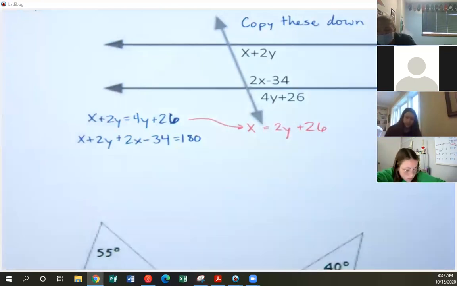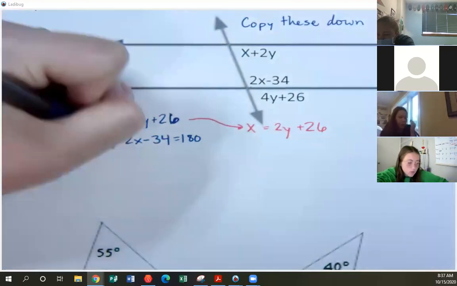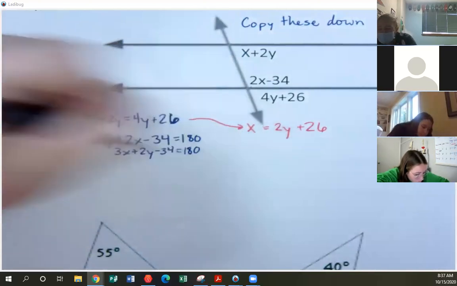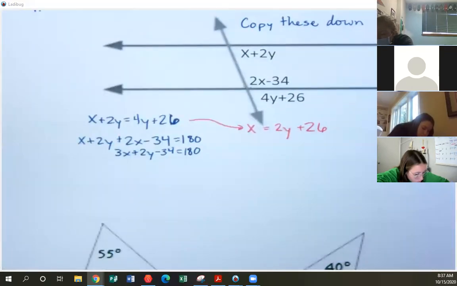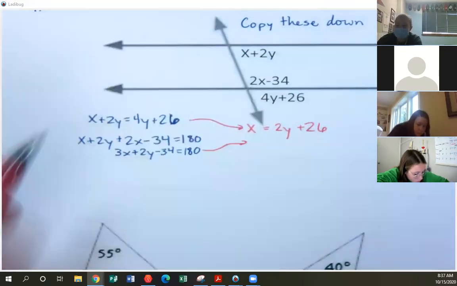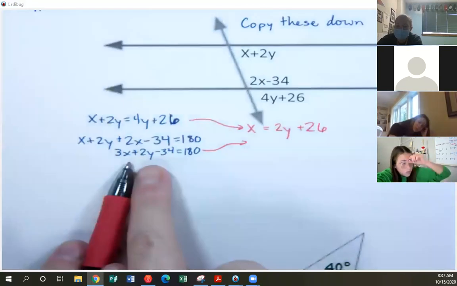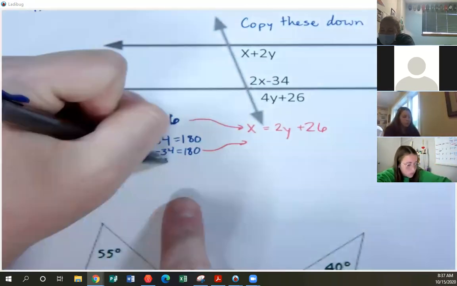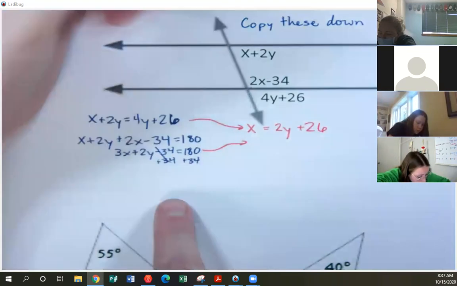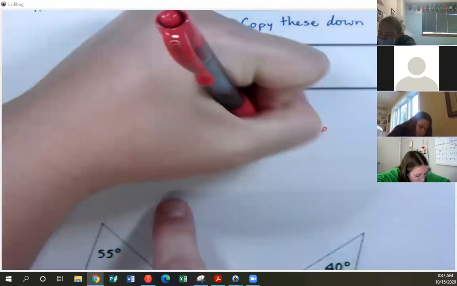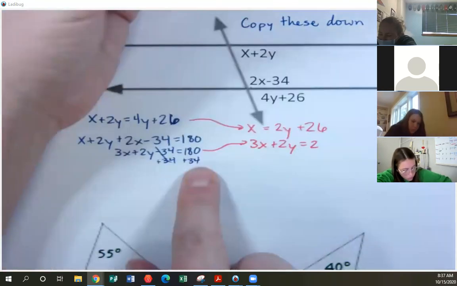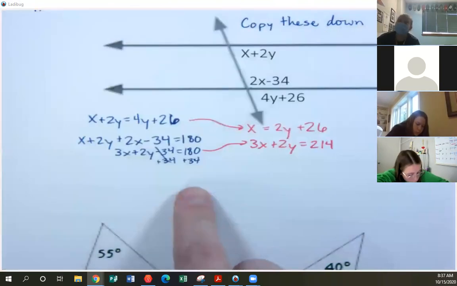And then for this equation, I can combine like terms to make it 3x plus 2y minus 34 equals 180. I'm going to bring it over here under this equation because I want to add 34 on both sides. So when I do that, plus 34 and plus 34, I'm going to end up with a much easier equation. It becomes, what is that, like 214, I believe.